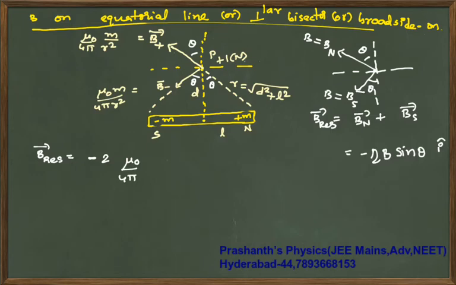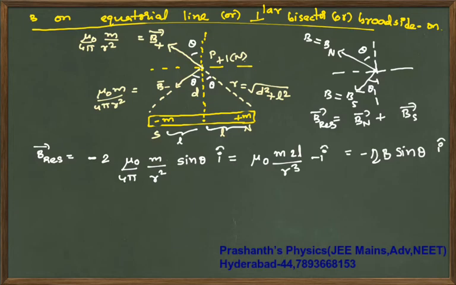Mu naught by 4 pi into m by r square, times sin theta i cap. What is sin theta? Opposite side, this part is L, this part is L, so L by r. Sin theta can be replaced with L by r. So that will become mu naught m 2L by r cube into minus i cap. The 2 I have brought inside.